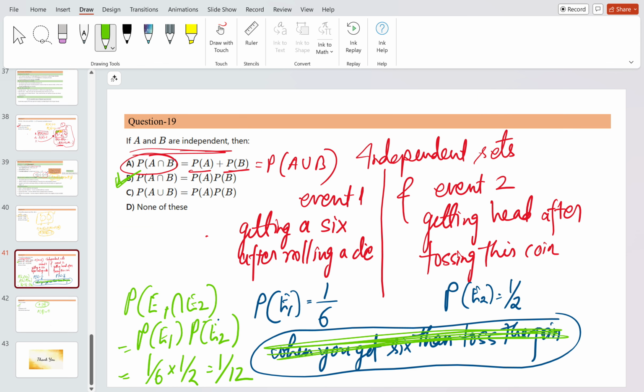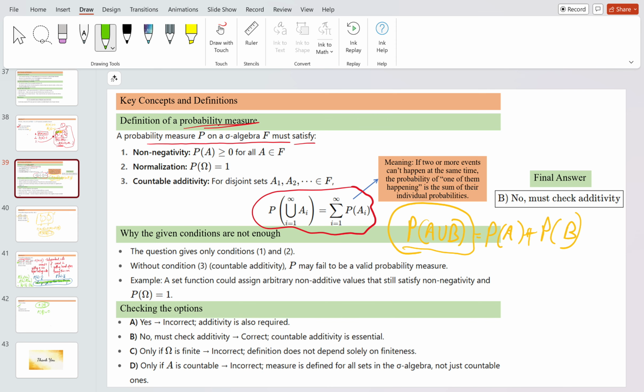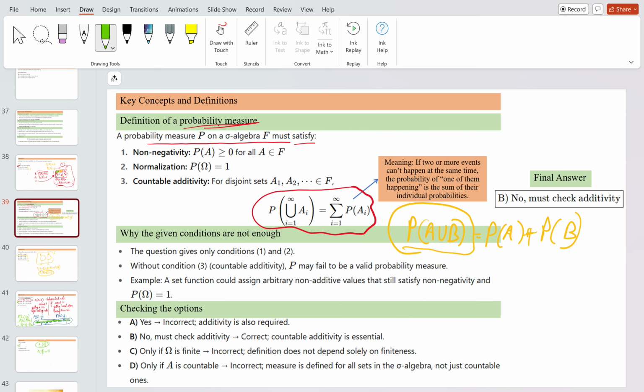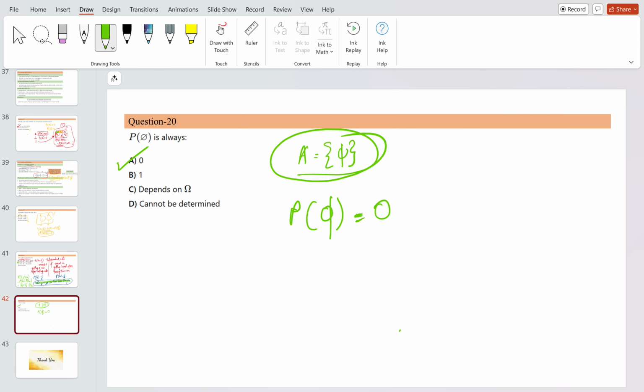P(A union B) is equal to P(A) plus P(B) for disjoint events, and P(A intersection B) is equal to P(A) multiplied by P(B) when the events are independent. And here we have seen the properties of probability spaces: the additive property is important, along with non-negativity, normalization, and countable additivity. Second, P(phi) is equal to 0, because there is no element, so the probability is 0.